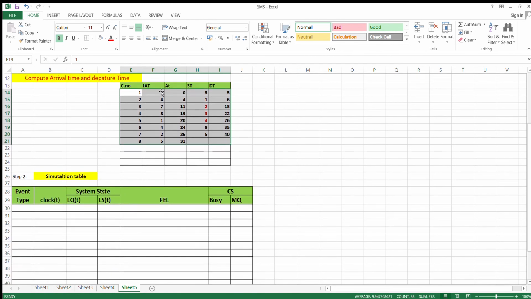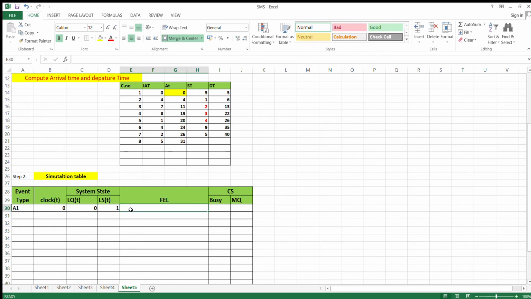So the first arrival time was 0. I will write arrival time 0. The event type is arrival of the first customer. So the first customer moves directly to the service. So 1. There is no customer in the queue, so 0.